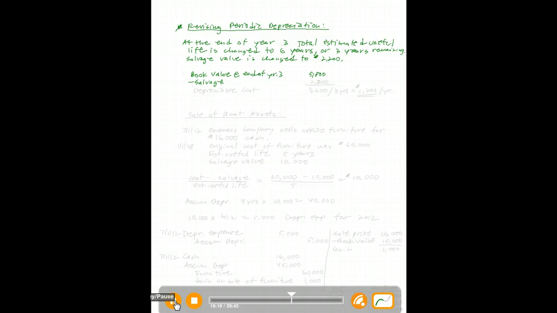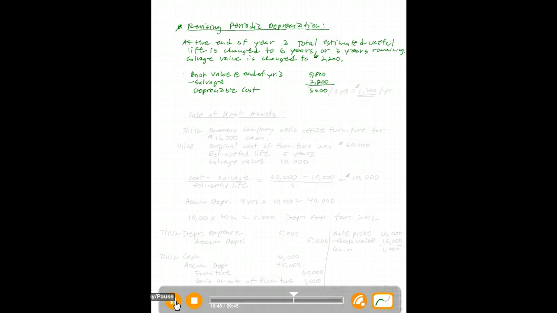And this is our revised salvage value, 2,200. So the cost that we have remaining to depreciate is 3,600. Okay, so we've got to spread this over the remaining useful life.